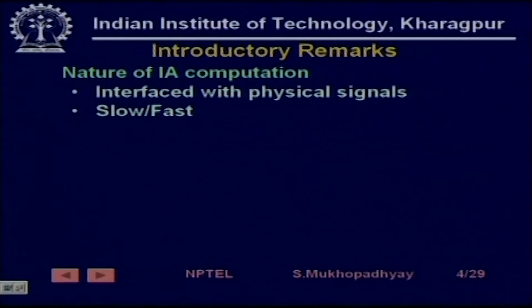These tasks, by standards of other applications using computers, let us say digital communication or personal computing, the computational requirements of these tasks are generally called slow, are generally should be slow, although among themselves there could be tasks which are very slow. For example, temperature control tasks are very slow, having time constants of the order of minutes.